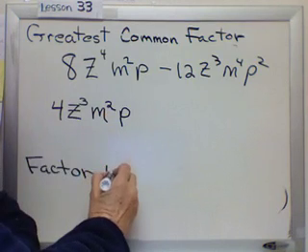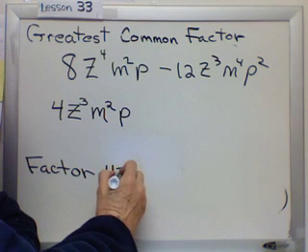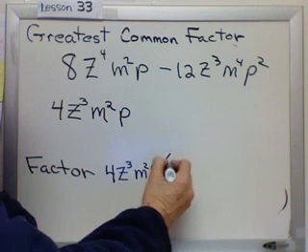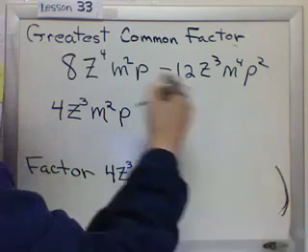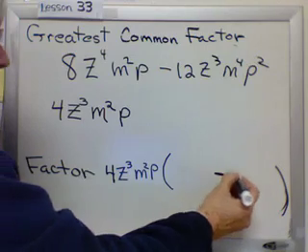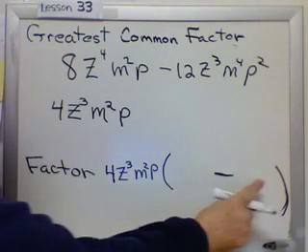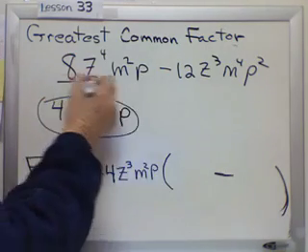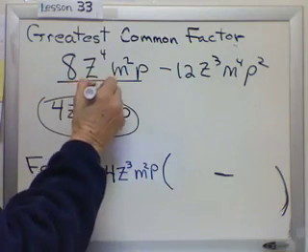So, now if I want to write it in factored form, I do 4z third m squared p. Then I put a parenthesis over here. There's 2 parts with a minus sign between them. To figure out what goes in each part, I take my greatest common factor and I put it underneath each part, and then I reduce.